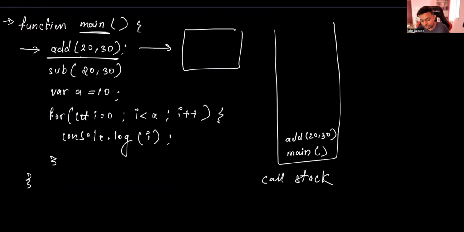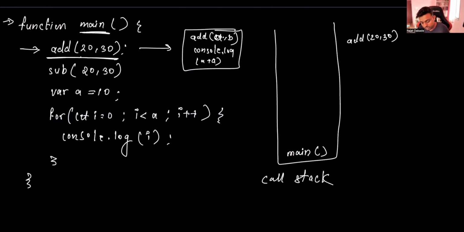Suppose add is a, b, and we console.log a plus b. The console.log will sit on the stack, and it will just print. Whenever it prints, it goes away from the call stack, and then the add function also goes out of the call stack.